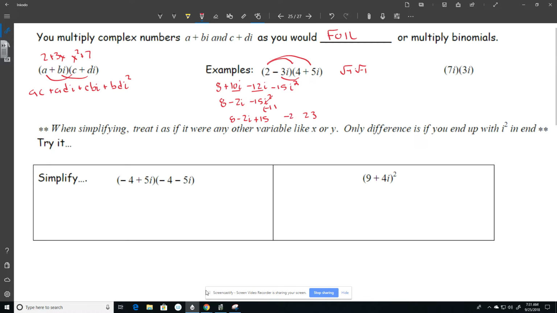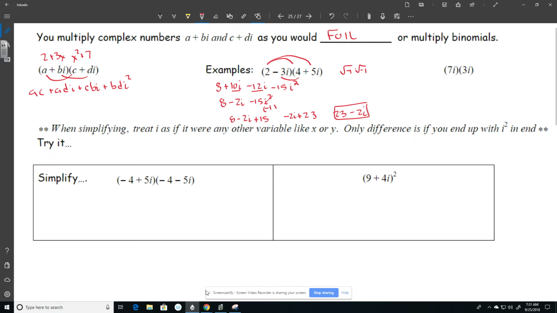And then I have this negative 2i out in front. So that becomes negative 2i plus 23. I guess if we want to write it in the normal complex form, we would do the regular part first. So I should probably do 23 minus 2i.